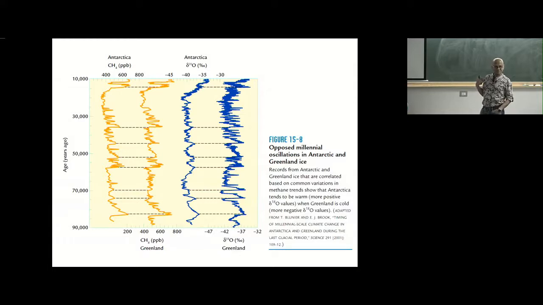Atmosphere is a very low density, very low heat capacity fluid. If you imagine timescales, for example, do you think atmosphere can have a 1,000-year timescale at all? Very hard to imagine, right? It has no memory. Basically, very low heat capacity means it has no memory, like land, right?